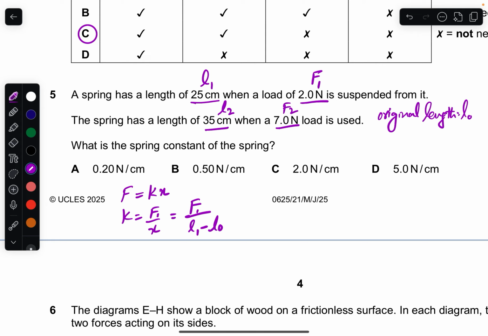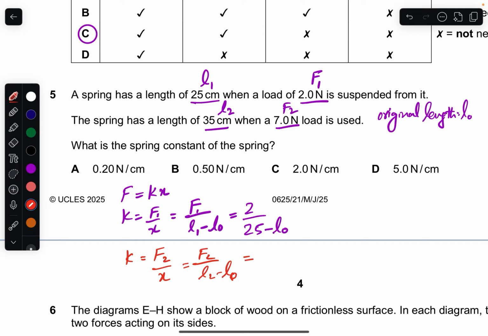So what we have is the force of 2 Newton, L1 is 25, L naught is unknown. Same for F2: k, the spring constant, will be the same because it's the same spring, so it will be F2 over x2, that is F2 over L2 minus L naught.